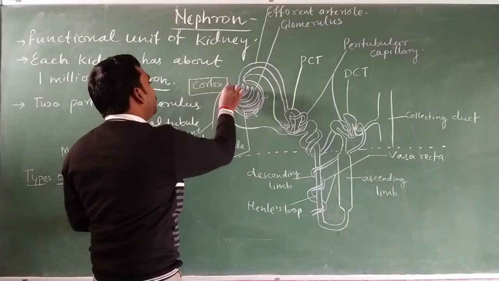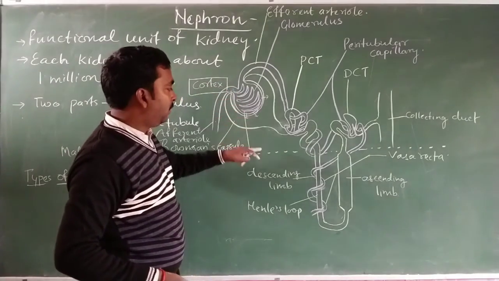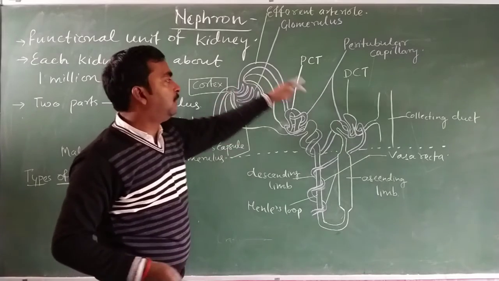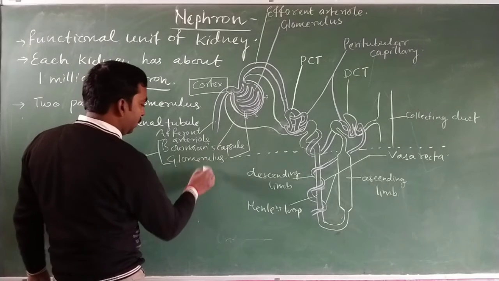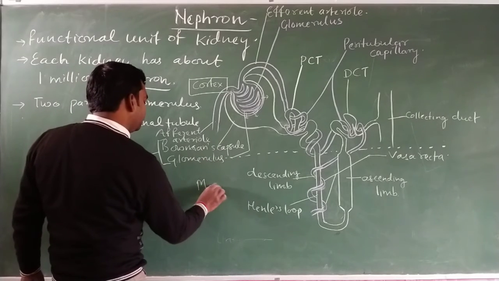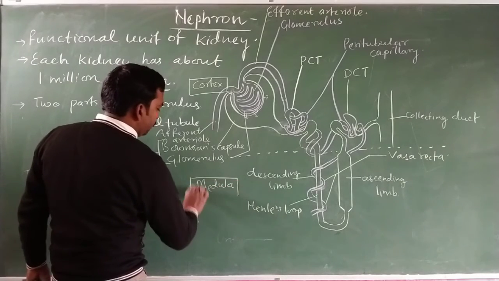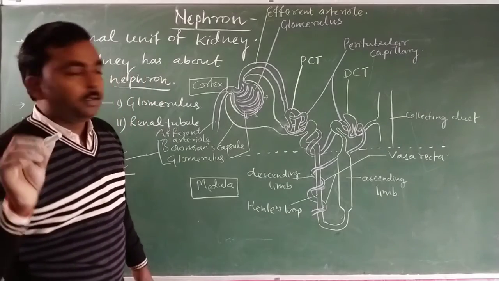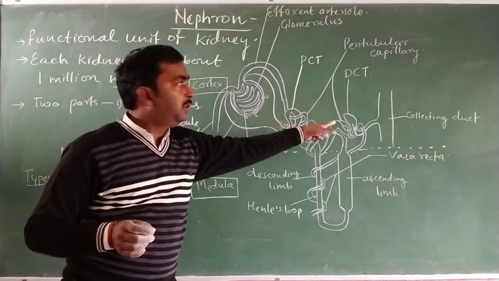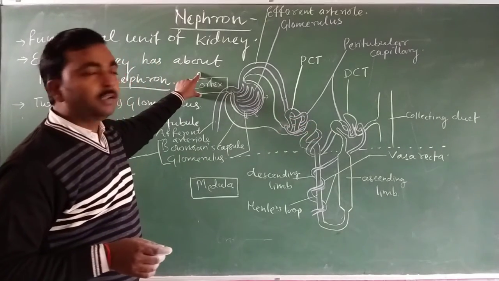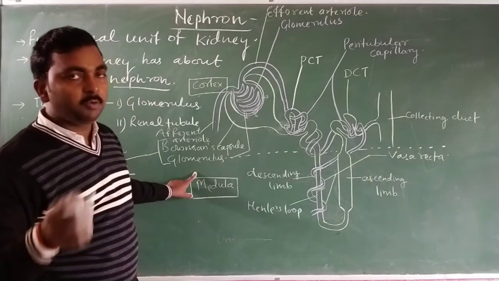This is the cortex region, above the dotted line, while below the dotted line this portion indicates the medulla region. So in the nephron, the Malpighian body along with PCT and DCT exist in the cortical region, while the loop of Henle extends in the medulla region.